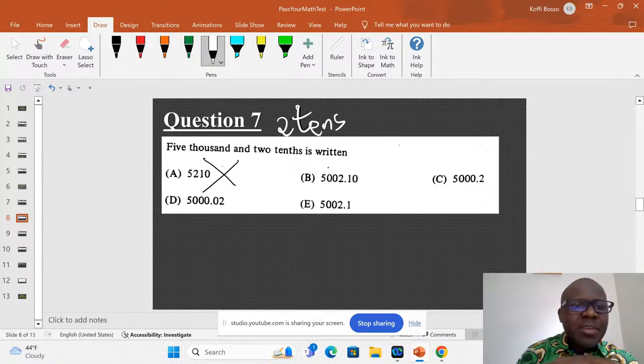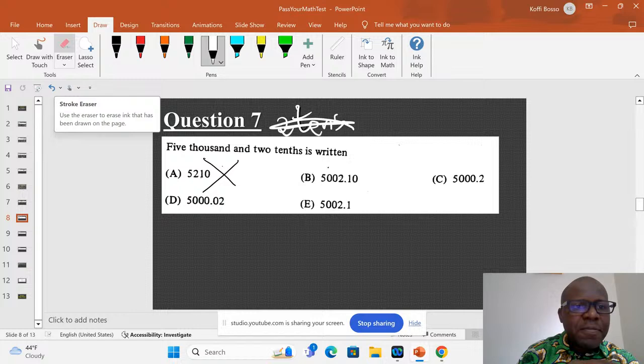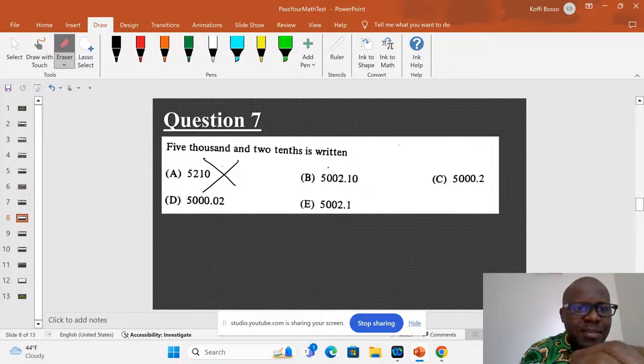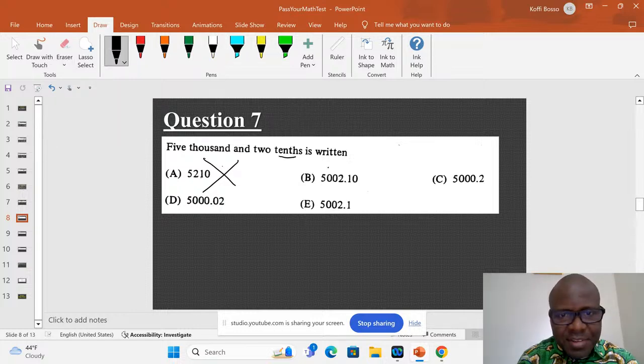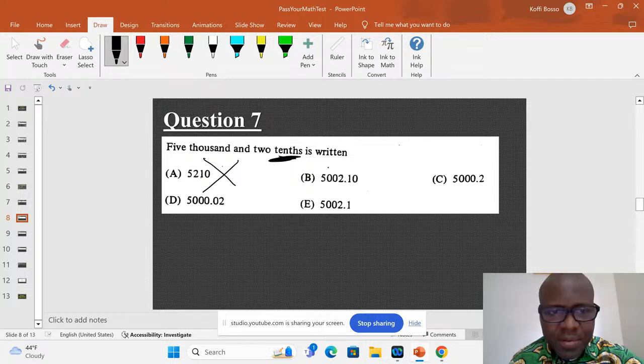Every time you see tenth, that means it has to be a decimal. So choice A is not the correct choice.